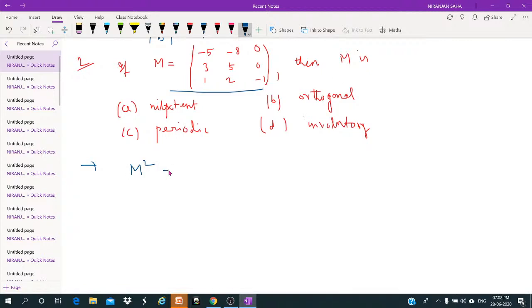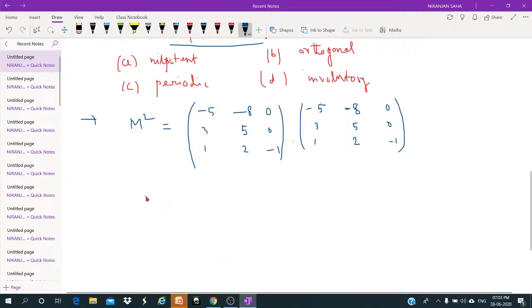So M square will be the matrix minus 5, minus 8, 0, 3, 5, 0, 1, 2, minus 1, times again the same matrix minus 5, minus 8, 0, 3, 5, 0, 1, 2, minus 1. Then we do the matrix multiplication.